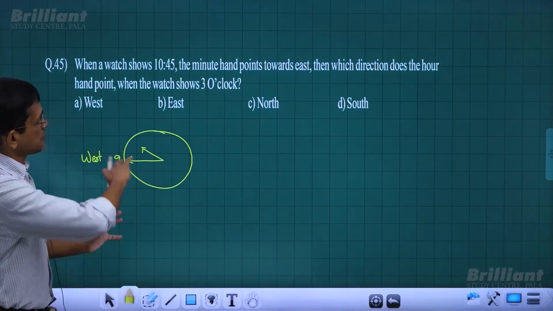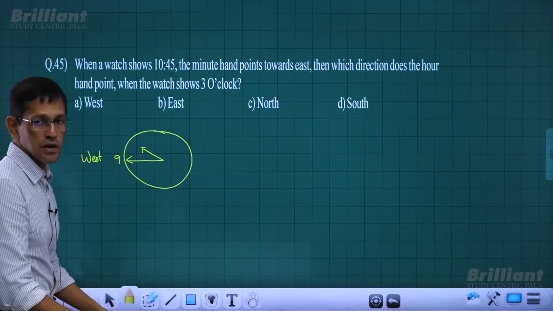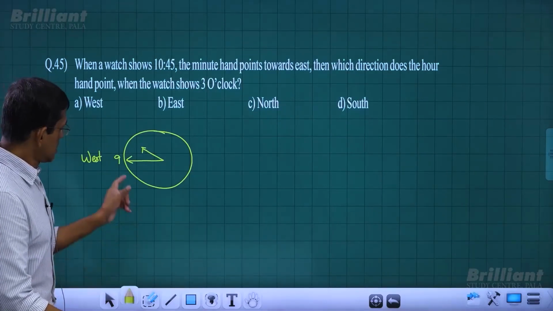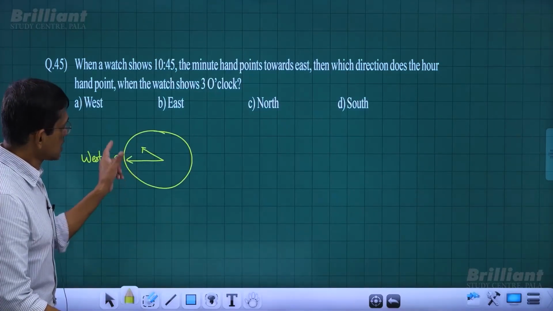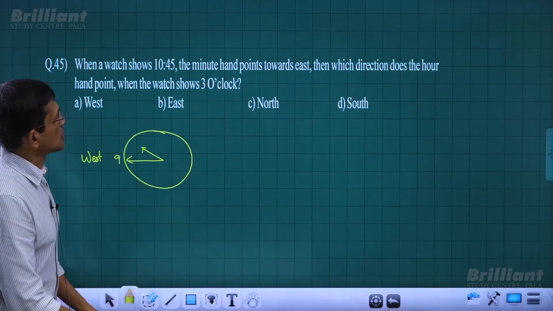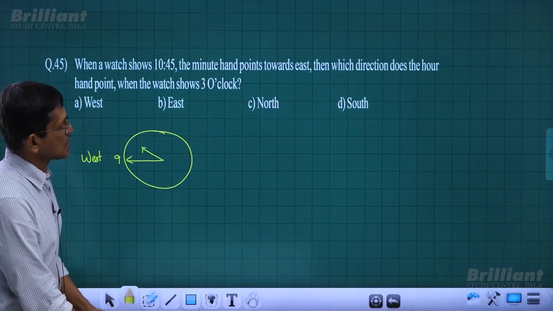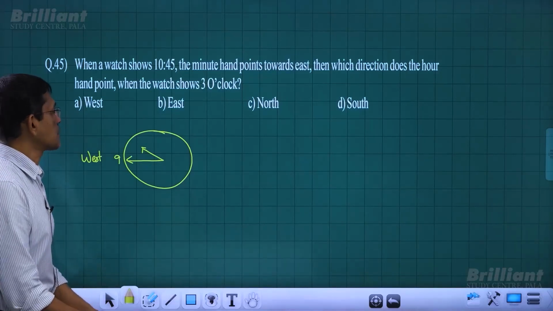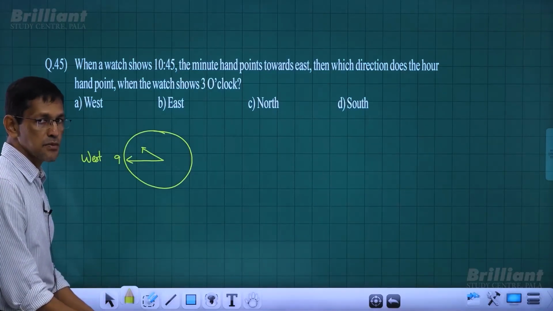Now the minute hand points towards east. That means we have to rotate the clock. This hand goes here, the east. So if that is the case, then which direction does the hour hand point? Think about it.